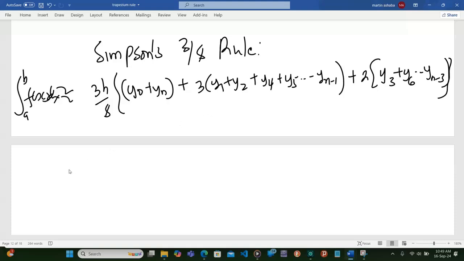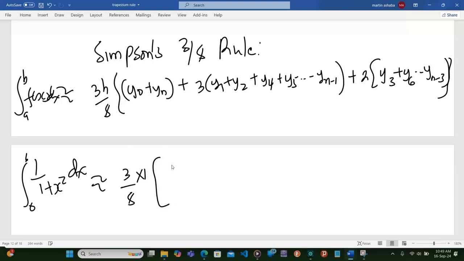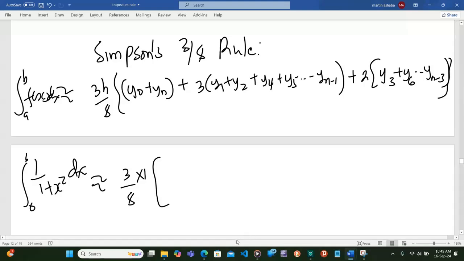Now, if we are integrating from 0 to 6 of 1 out of 1 plus x squared with respect to x, this will approximate 3 out of 8. And what is our h? Our h is 1. So into y0, our y0 is 1, plus yn, which is y6, and our y6 is given as 0.027.